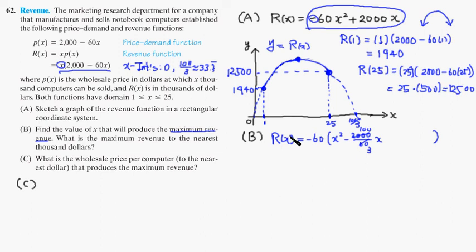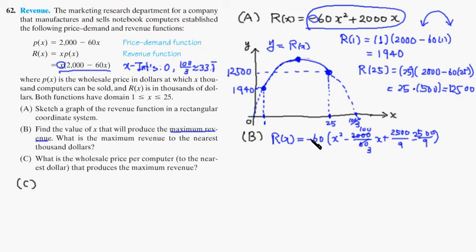We know that the third term we need is half of 100 over 3, squared, which would be 50 over 3 squared. That's 2,500 over 9. But we have to subtract exactly the same thing so that we don't change the function. So minus 2,500 over 9.